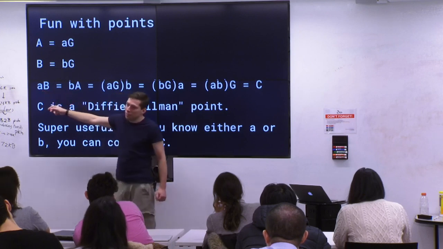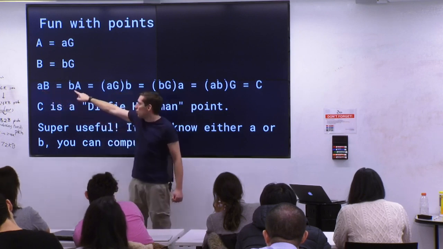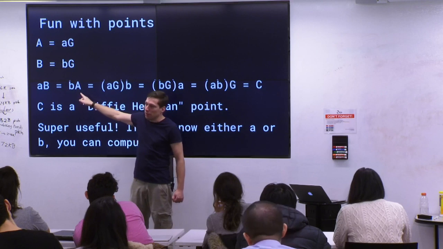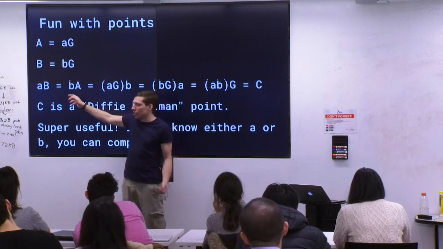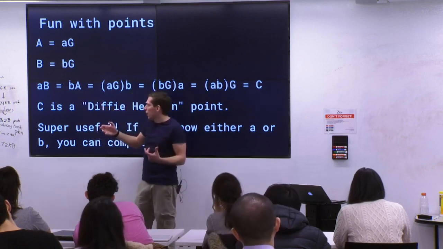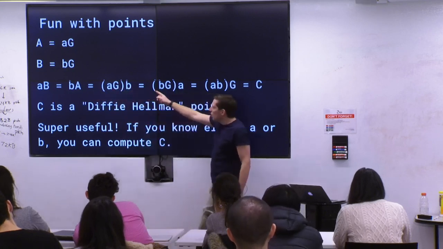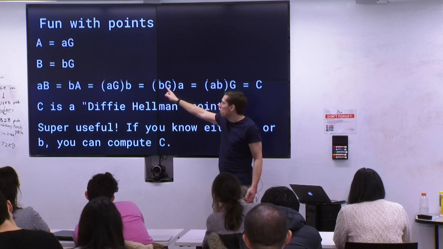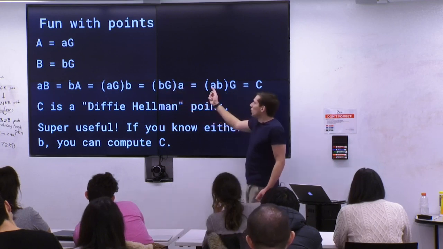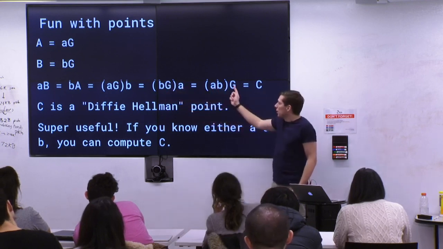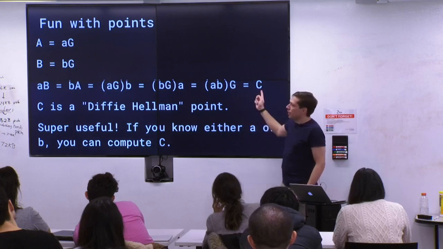You can do that, right? Is equal to Bob's private key times Alice's public key. It's commutative. The multiplication is commutative. That's weird, right? It's just a times G times b, which is the same as b times G times a, which is the same as a times b times G. And let's call that C.